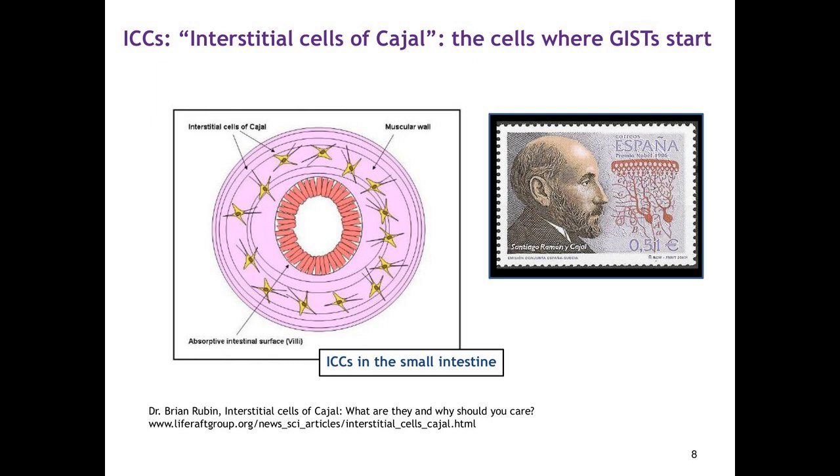These are cells that were first recognized by a famous Spanish histologist or biologist named Cajal, and they're known as the ICCs, or the interstitial cells of Cajal. These cells are neuromuscular cells that surround the GI tract all the way along the GI tract from the esophagus right to the anus.